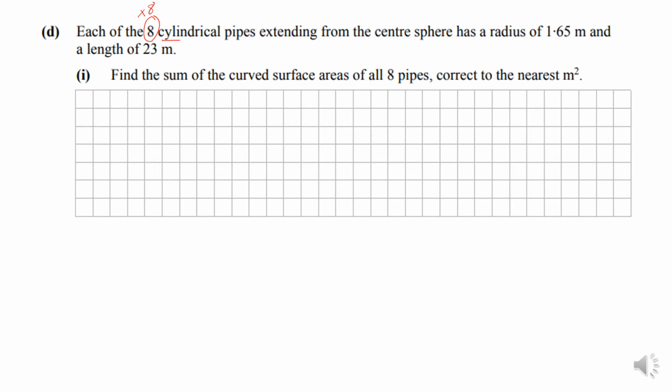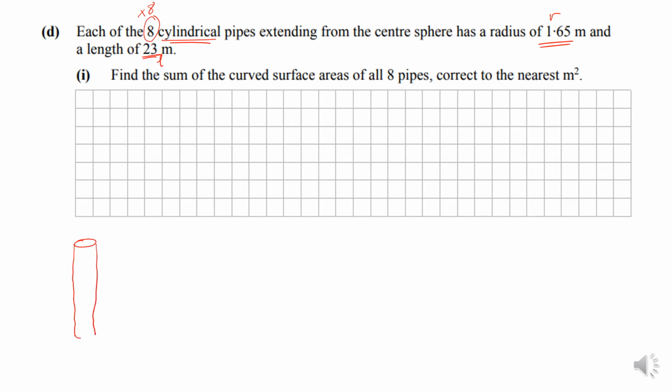Next we're dealing with cylindrical pipes, so we're looking at cylinders. They have a radius of 1.65 meters and a length of 23 meters. So if it helps, sketch, it may or may not.